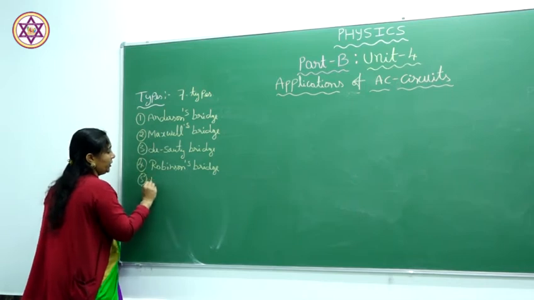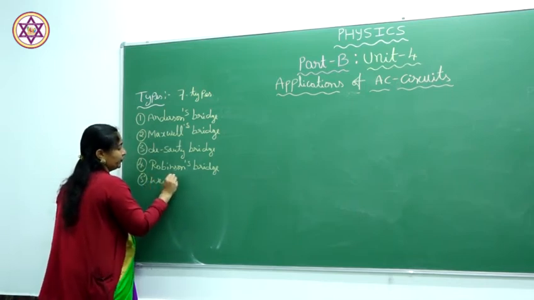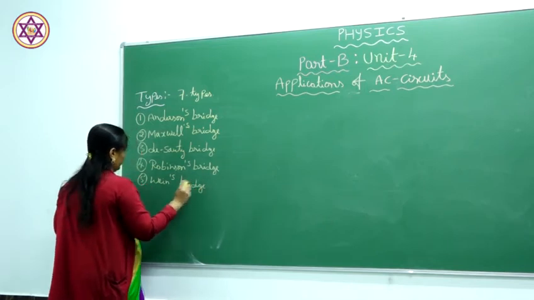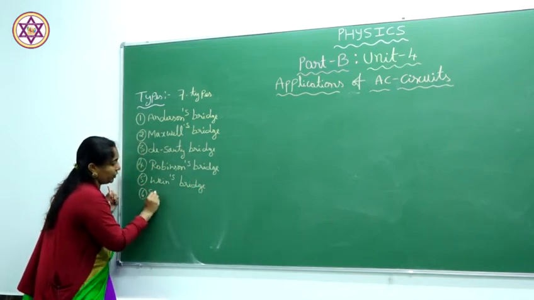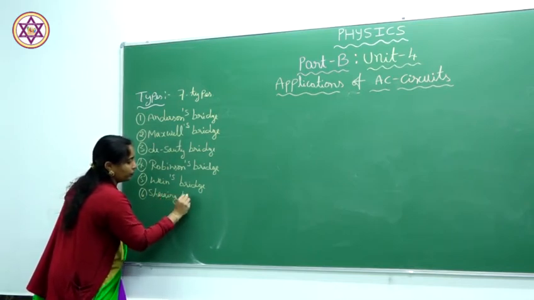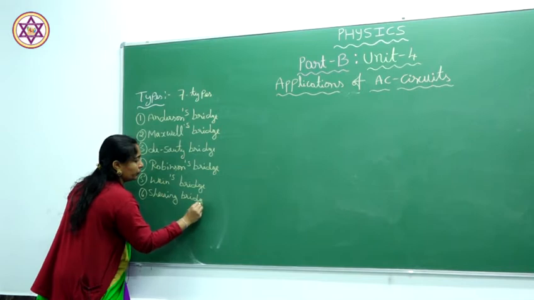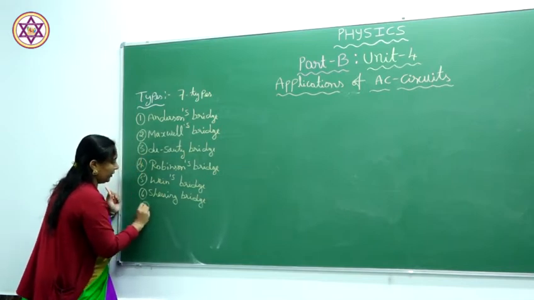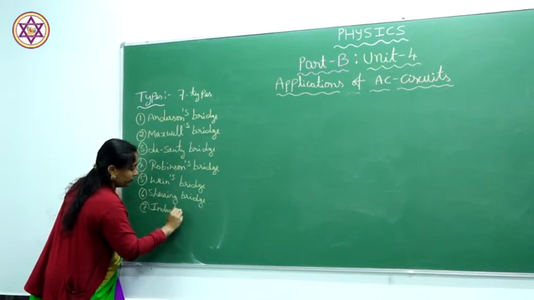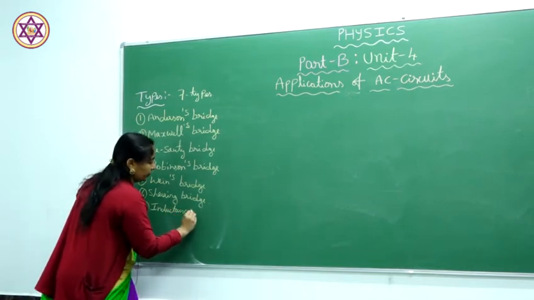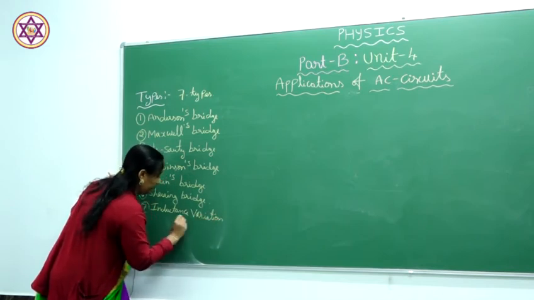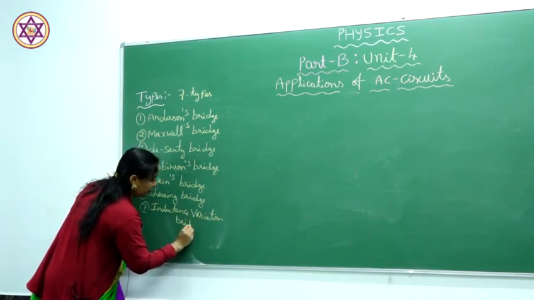The fifth one is Wien's bridge, the sixth one is Schering bridge, and the last one is the inductance variation bridge.